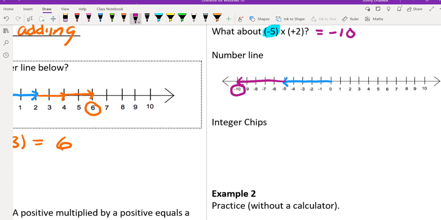Now, we're going to do everything mostly this way. Another model that sometimes you're asked to use is with little chips. If you're asked to draw something with chips, you draw your quantity first. That's your -5. So we draw 5 little negative chips: 1, 2, 3, 4, 5.